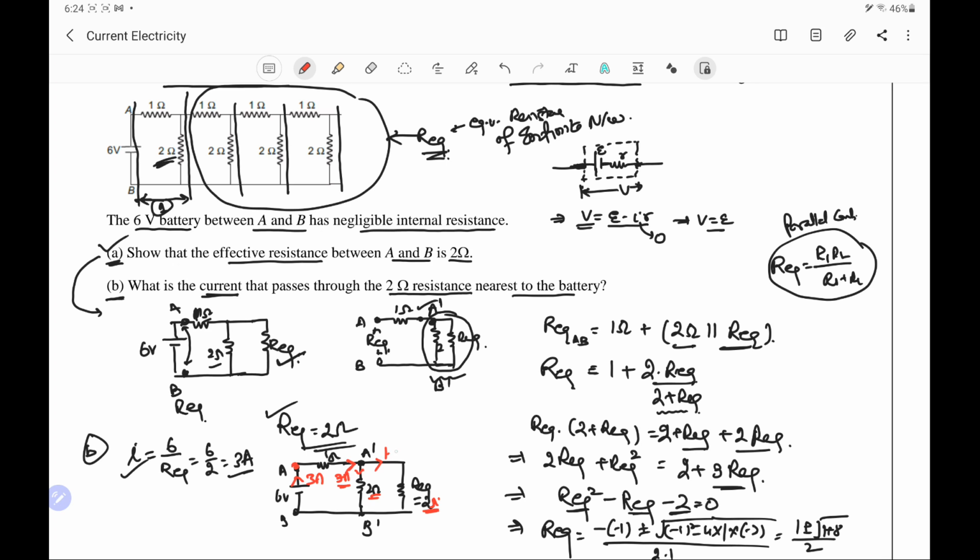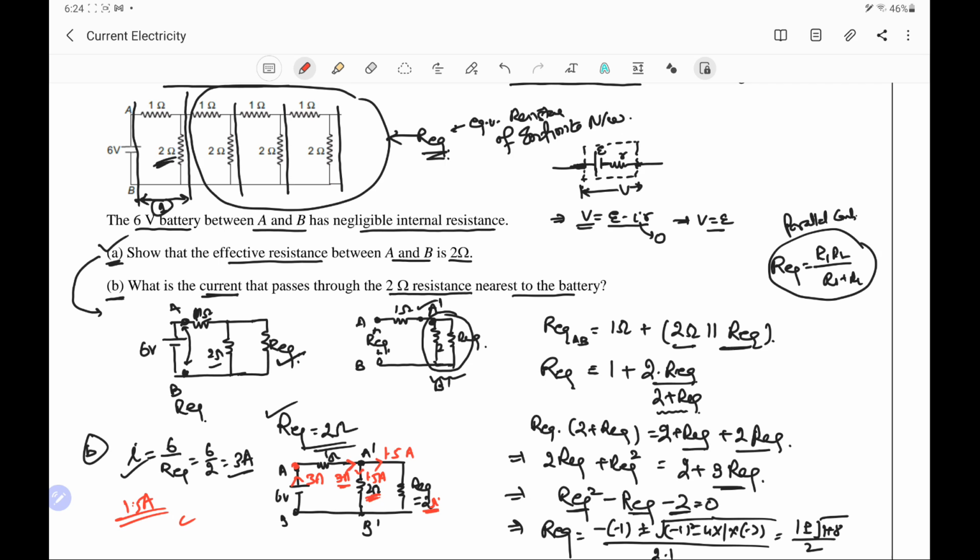That means 1.5 ampere current will flow through one branch, that is R equivalent, and another 1.5 ampere current flows through the 2 ohm resistor. Hence, as per this figure, the current passing through the 2 ohm resistance nearest to the battery is 1.5 ampere. This is the answer.